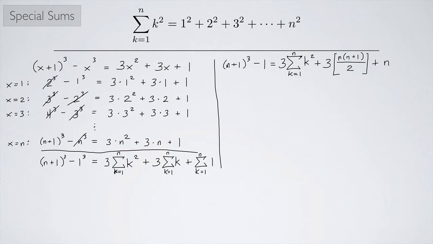All right, now I have an equation I can use to solve for this sum right here. What's the best way to do this? Maybe I'll do this first. We'll bring this sum over here first. So 3 times the sum from k equals 1 up to n of k squared is going to equal n plus 1 cubed minus 1 minus, and I'm going to subtract these two terms over to the other side, 3n times n plus 1 over 2, minus n.